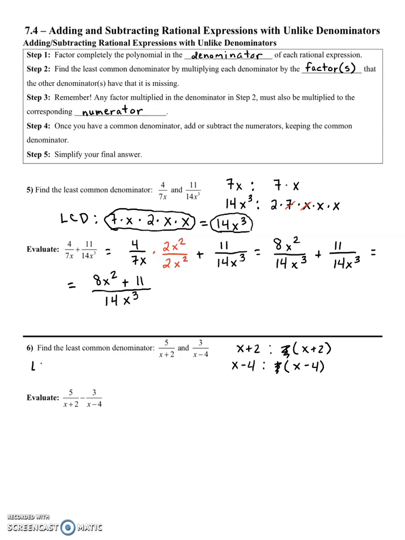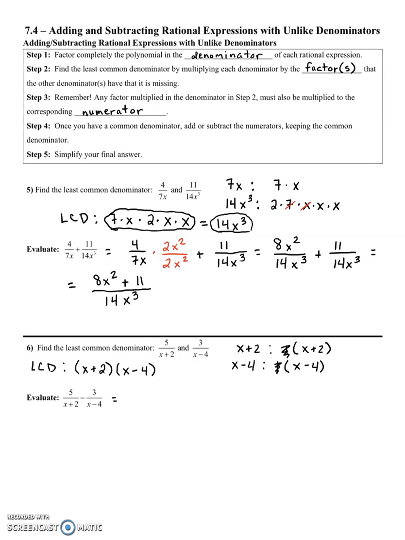So our least common denominator, start with the first denominator. It has an x plus 2, and the second denominator has an x minus 4. Notice I cannot say, oh, they both have an x and only write down one x. I have to use the whole thing.